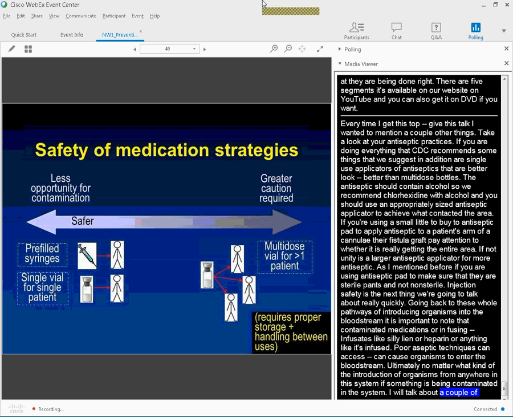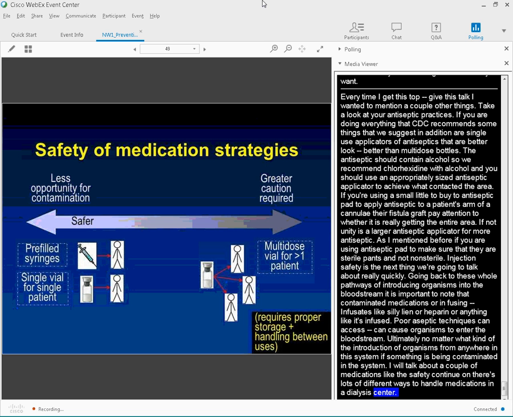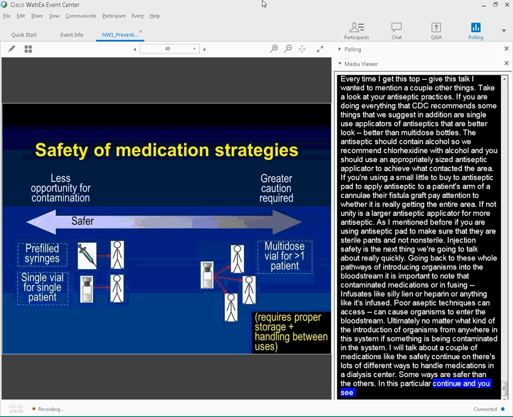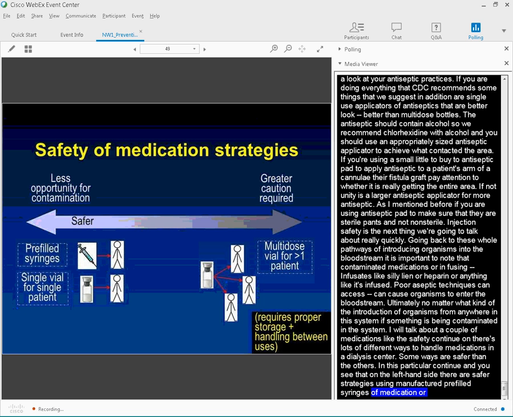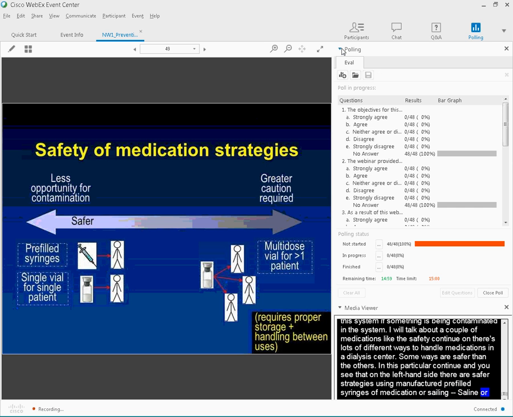So on this particular continuum, we see that on the left-hand side are some safer strategies. So using manufactured pre-filled syringes of medication or saline, or medication from a single dose vial for a single patient, or a single multi-dose vial for a single patient, gives you less opportunity for contamination. So these are safer strategies. On the opposite extreme, you can also use a multi-dose vial of medication for more than one patient.